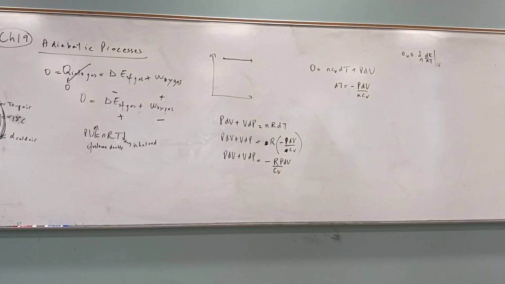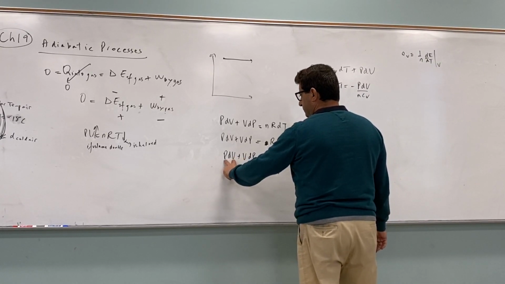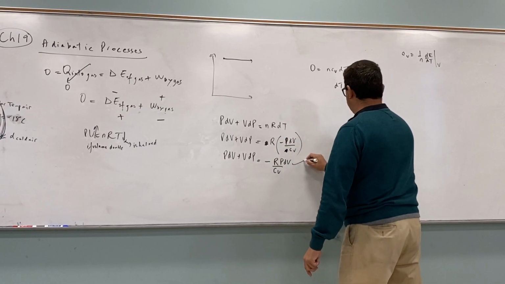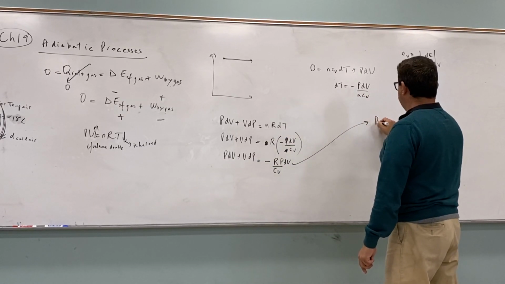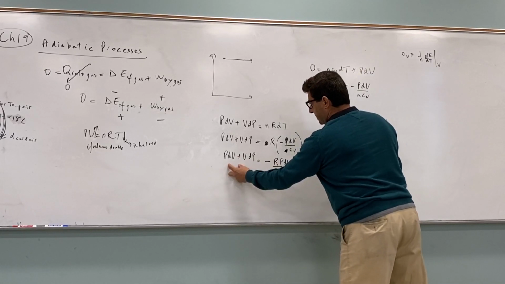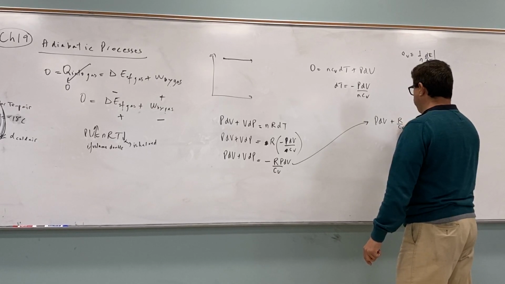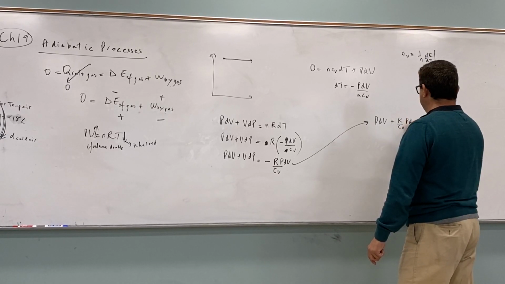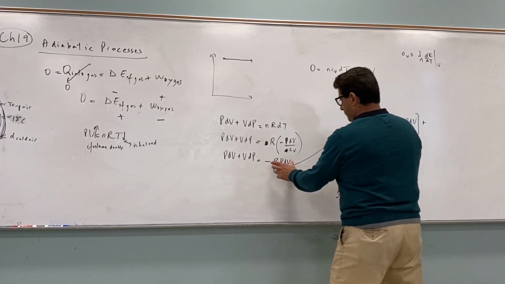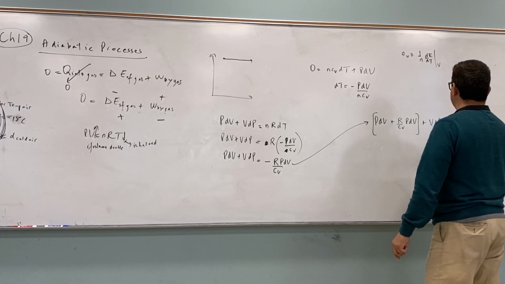Right? Can I take this and combine it with that PdV? Right? So then I can say PdV, take this, put it on the left side, plus R over Cv PdV, so I'm combining this with this, plus VdP is equal to 0.